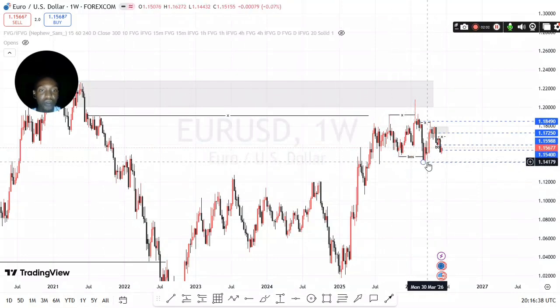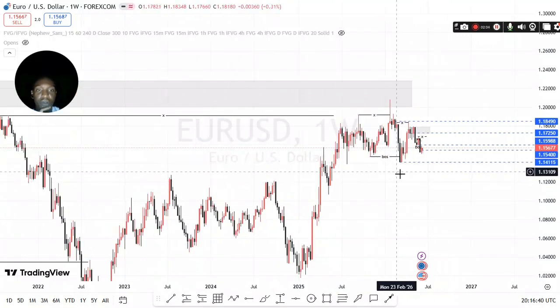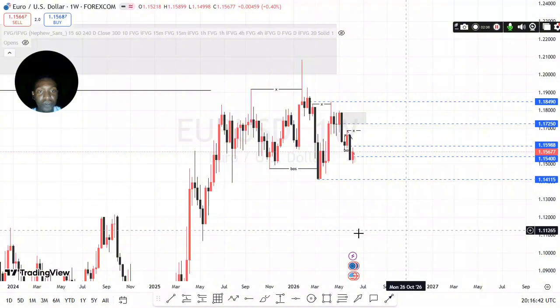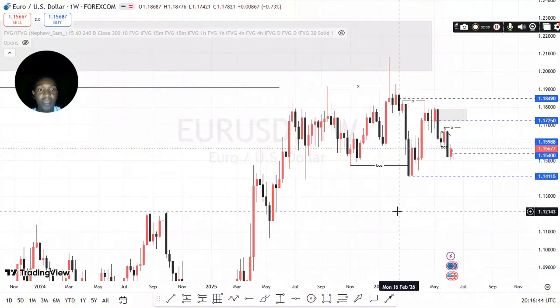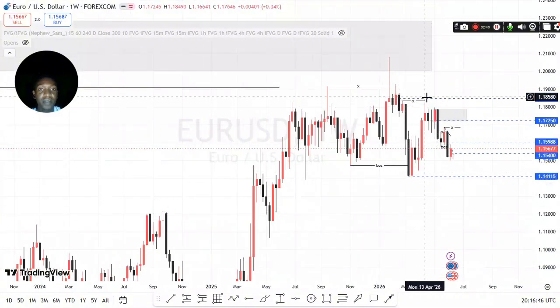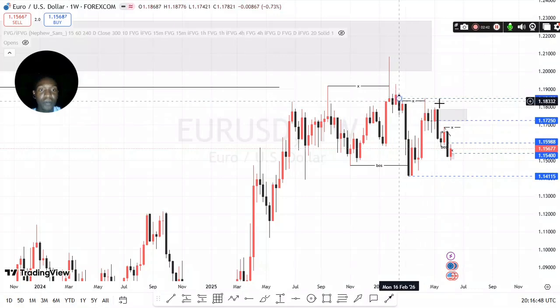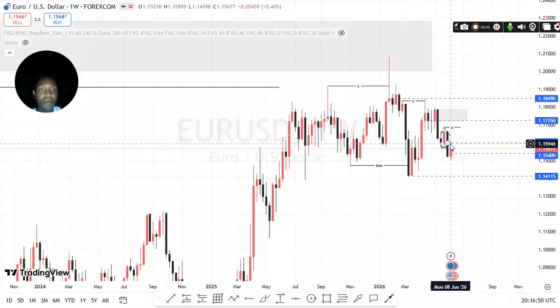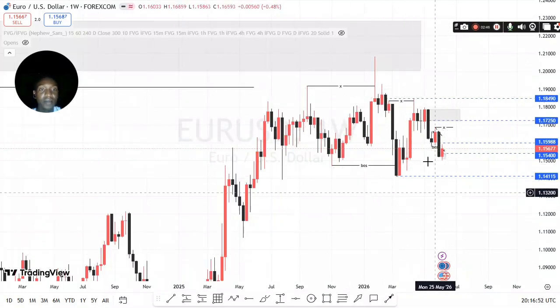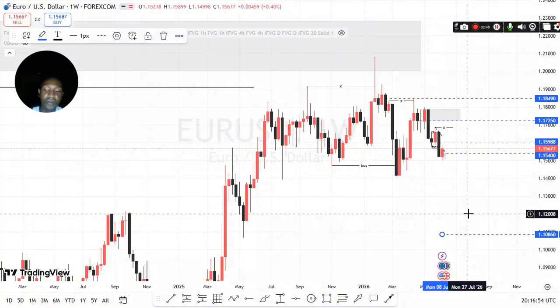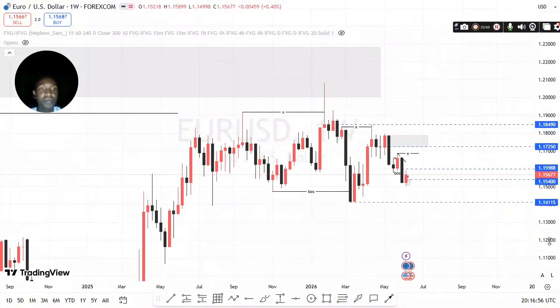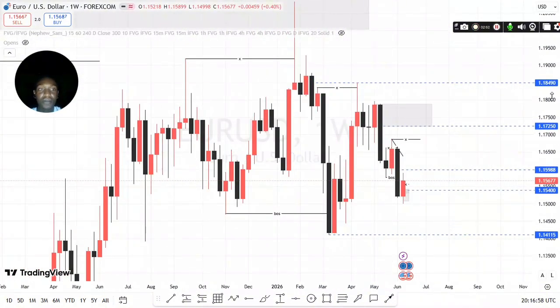That is the break of structure to the downside. After a break of structure to the downside, we expect a retracement back to the upside, possibly to a POI or order block, and then the sell off continues. So we've gotten that into consideration.